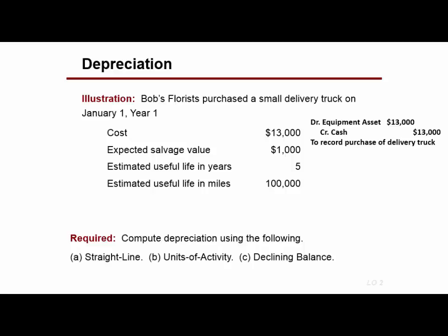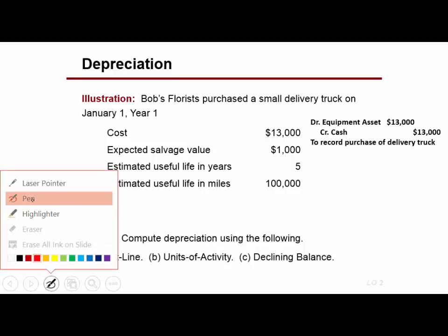Now we're going to learn some different methods for calculating depreciation, and we're going to learn straight line first. Straight line is pretty much what we learned in some of those earlier chapters.